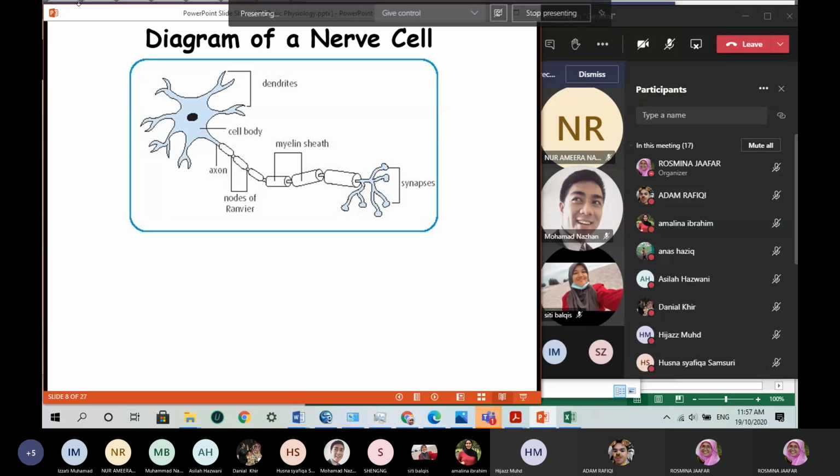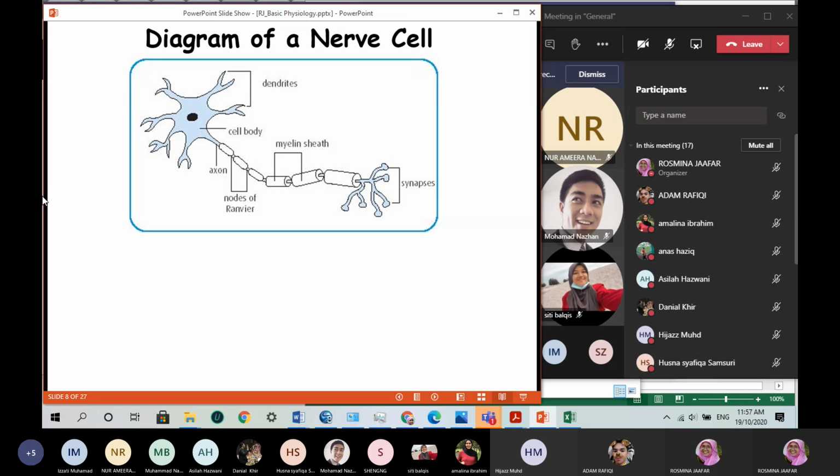Okay, such as when you touch a hot object, you remove your hand from the hot object almost immediately, within a few microseconds, as a mechanism to maintain your homeostasis. So if you touch the hot object for a long time, you may injure yourself.